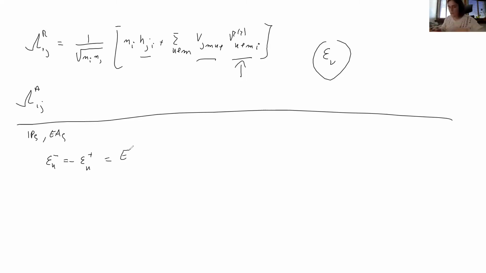So when I do the RDMFT calculation, I get my total energy as a functional of occupation numbers and natural orbitals. So I have this and this. Now what I can do is take everything fixed to the optimal values, so the values which minimize my total energy, except one.